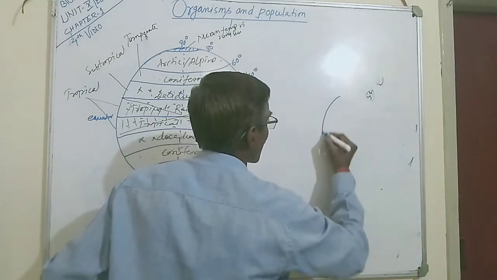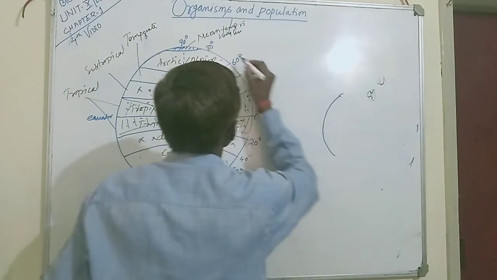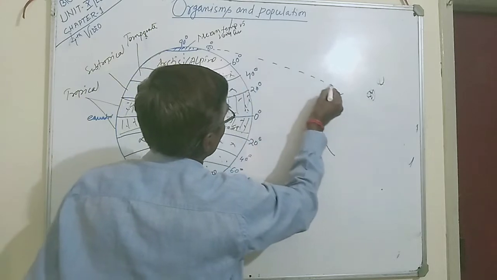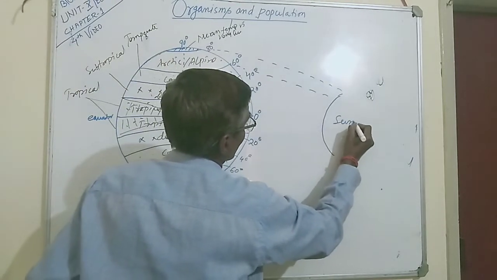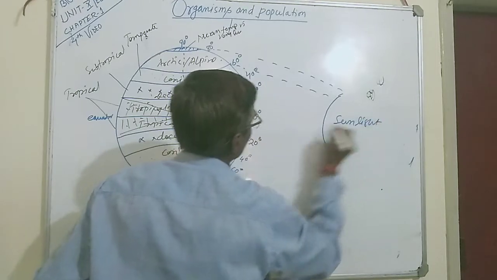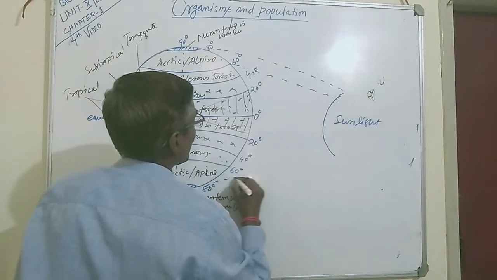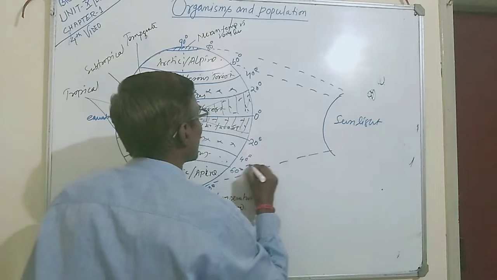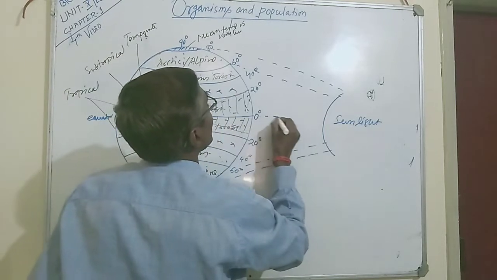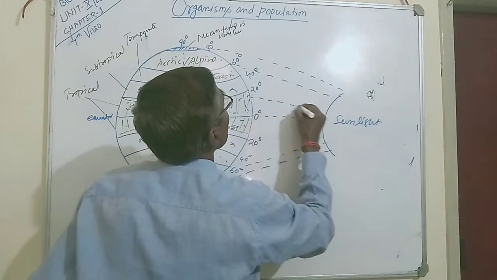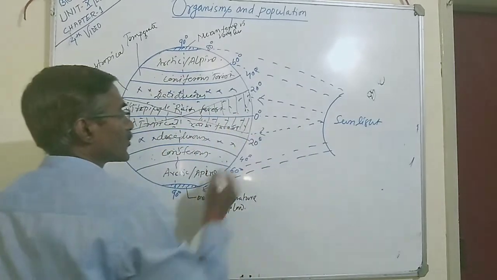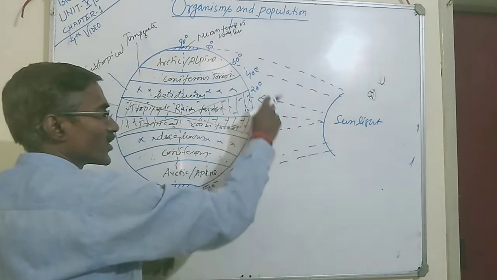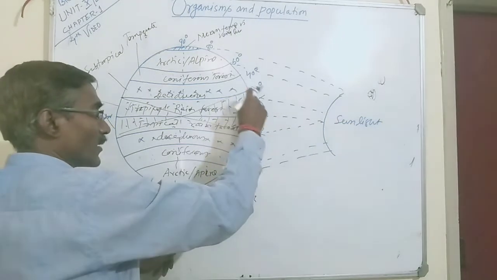Generally, these are the sun rays. Here the intensity of sunlight creates more angle. So in the particular area where maximum sunlight is available, temperature is maximum, as well as rainfall.